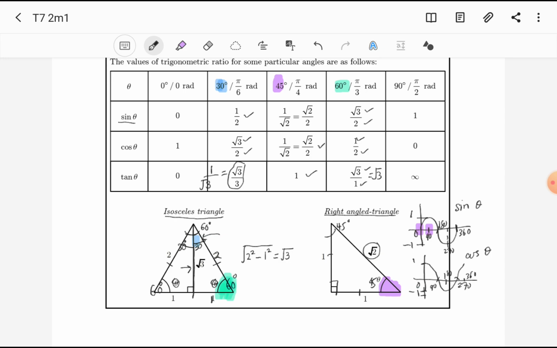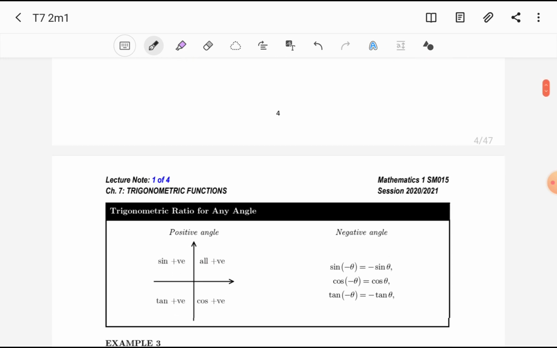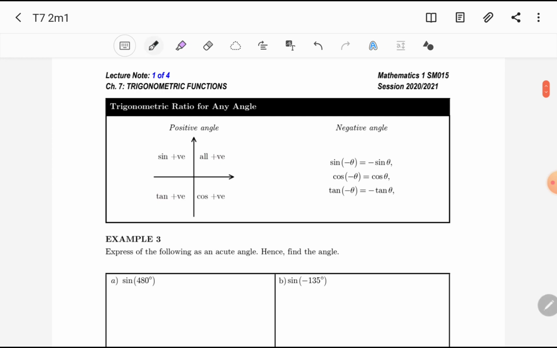Okay. So, boleh tengok lah. Kalau sin 90 is 1. Cos 90 is 0. Lagi apa lagi? Boleh tengok lah. Nah, semua tu. Ataupun sebenarnya kita boleh guna calculator sahaja. Nah? Okay. So, we go to the next one.